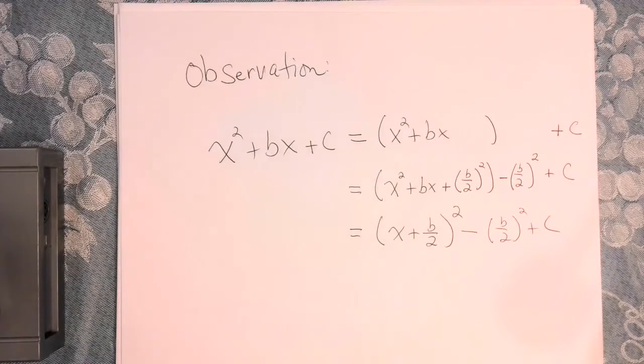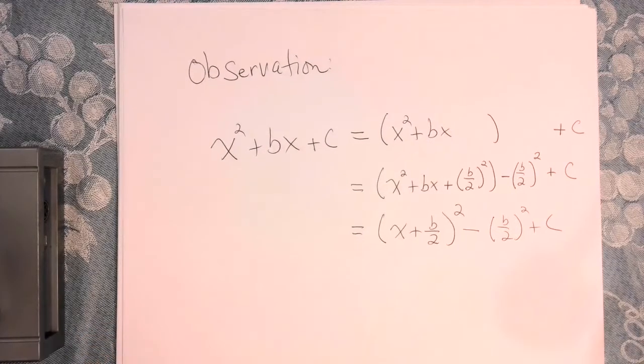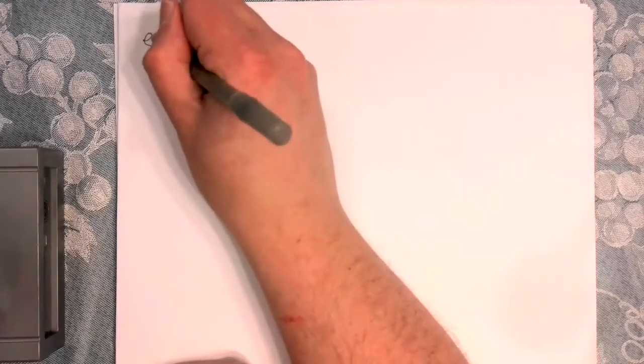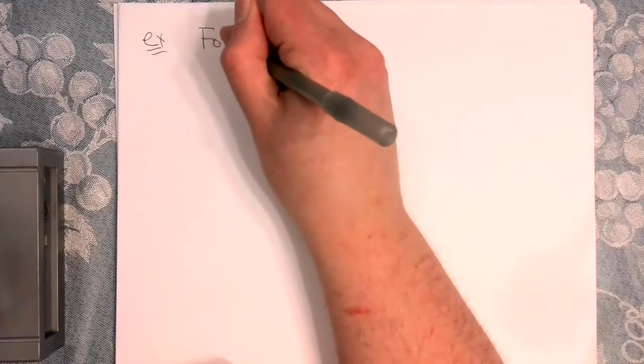And let's try some examples. Let's try some where they're on the simple side, and then we'll try one that's a lot more involved. For each of the following, complete the square.